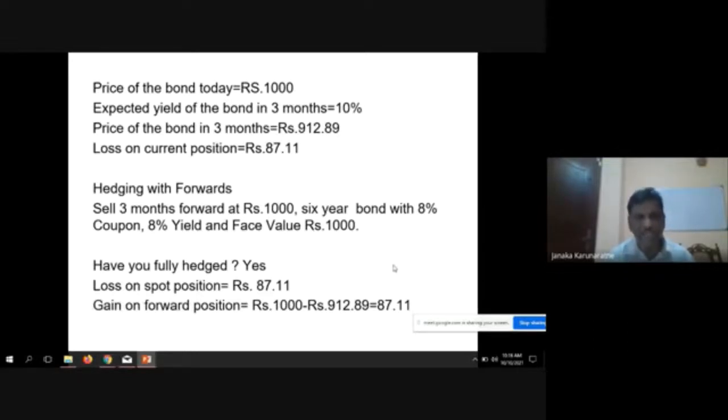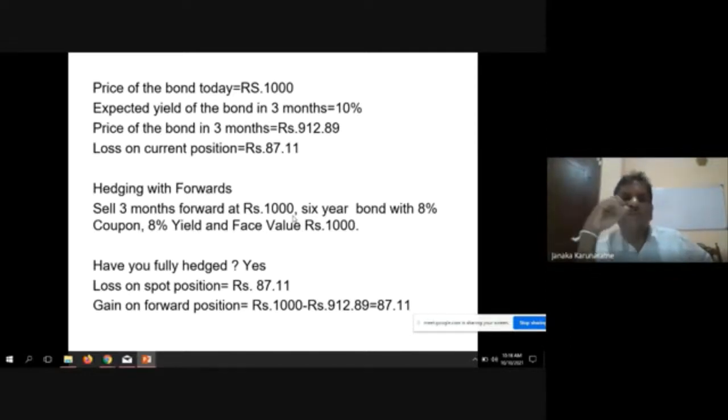Why? Now, in 3 months' time, you have already sold the forward at 1,000. You will get 1,000. There's a party who agreed to buy from you. You are the seller of the forward contract, and the party will buy that bond from you at 1,000.